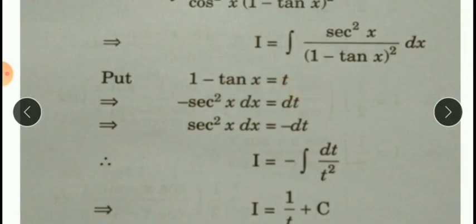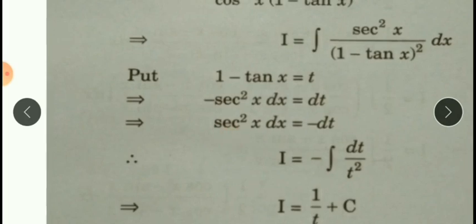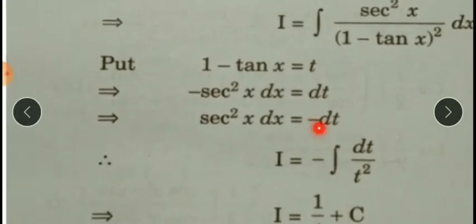Differentiation of 1 minus tan x. We know that d/dx of 1 is 0 minus d/dx of tan x is sec square x, and right hand side is dt by dx. Differentiation of left hand side is minus sec square x. Now dx transposed from right hand side is equal to dt. Sec square x dx is equal to minus dt.